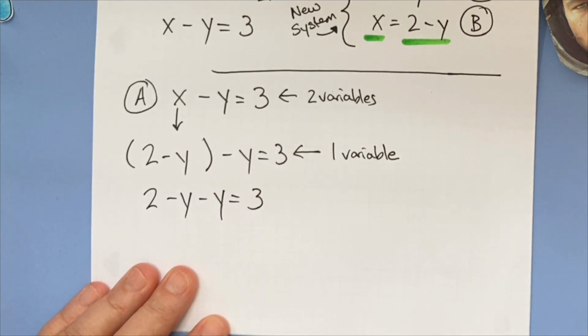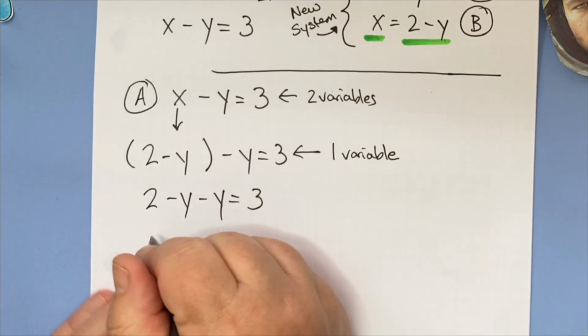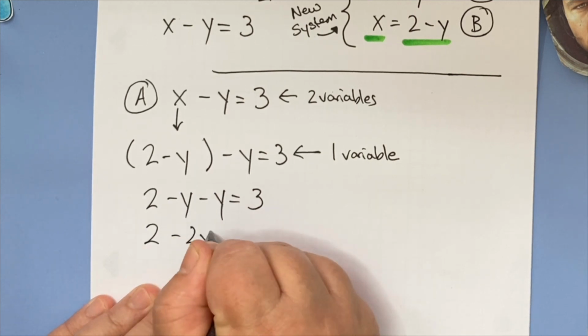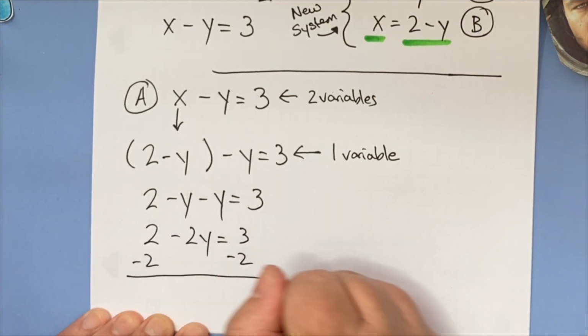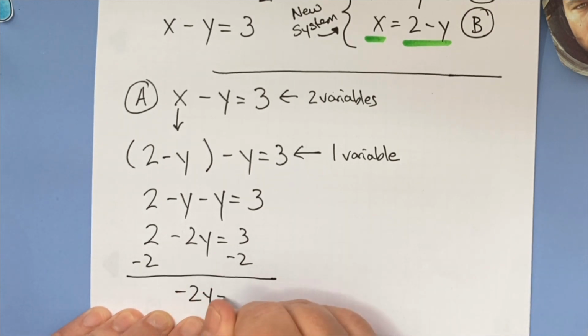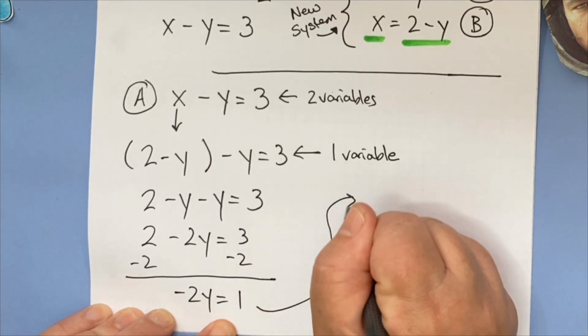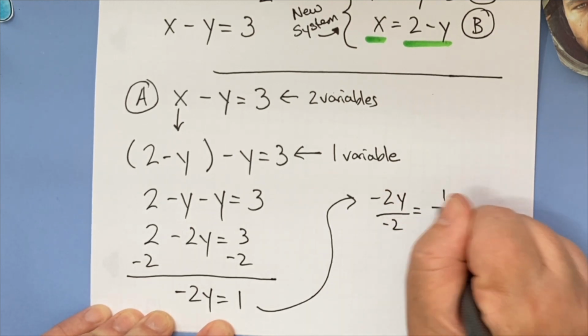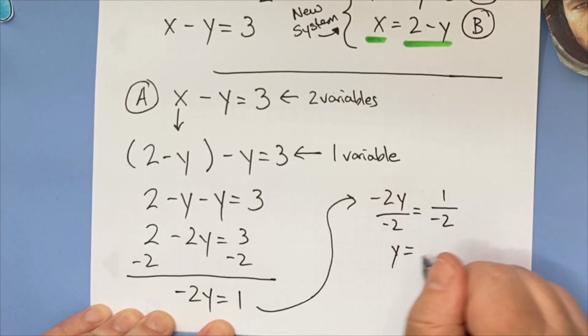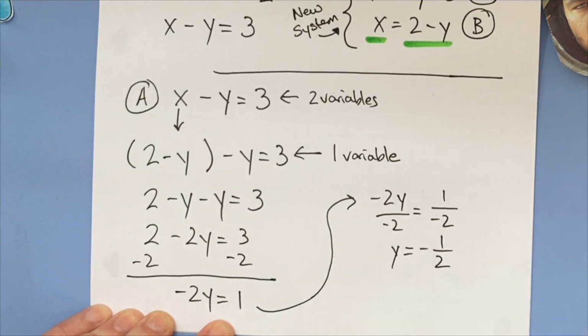Oh my goodness, this is just awesome, isn't it? So 2 minus 2y equals 3. I'm going to subtract 2 from both sides. I get negative 2y equals 1. And then negative 2y over negative 2 equals 1 over negative 2. So y equals negative 1/2.